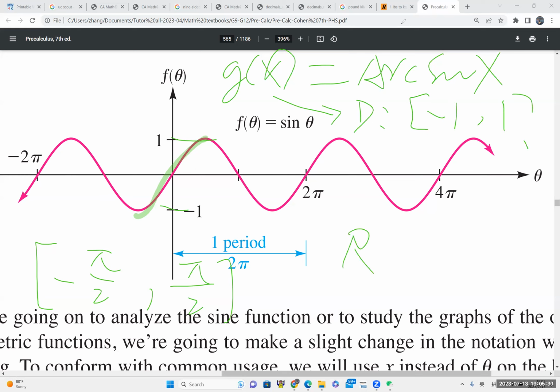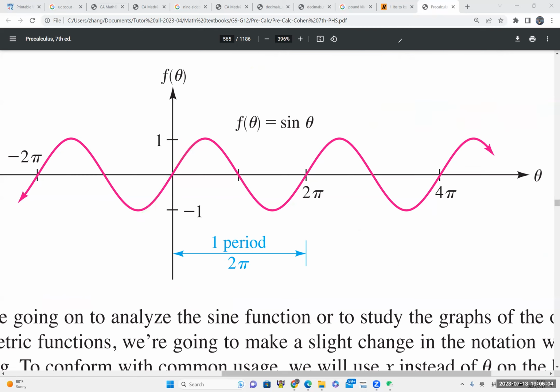Its range is from negative half pi to half pi. This is for arc sine. You can take a screenshot. Then I'll ask the other student. Are you done? Okay.